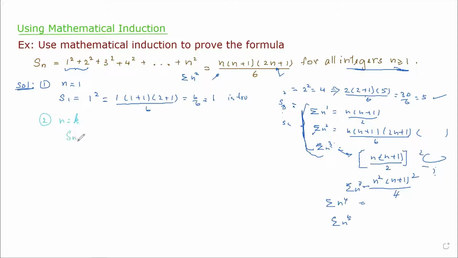So Sk equals 1 power 2 plus 2 power 2 plus 3 power 2 and so on, plus k power 2. And this equals, you replace all n with k here, k(k plus 1)(2k plus 1) over 6.